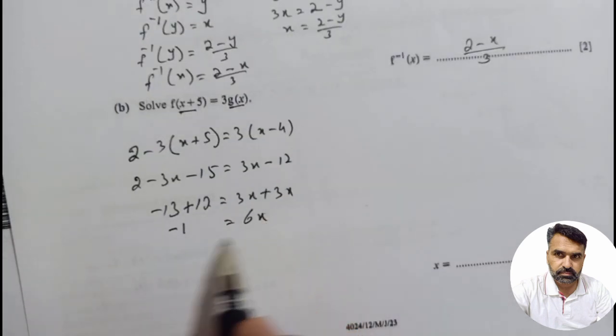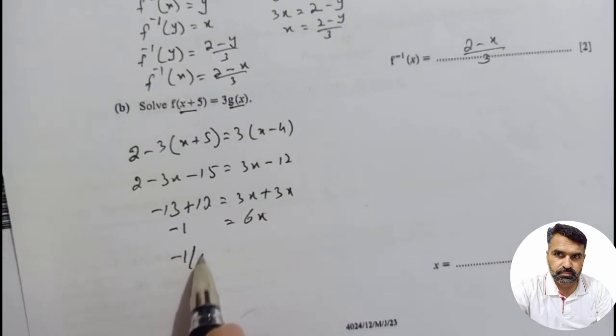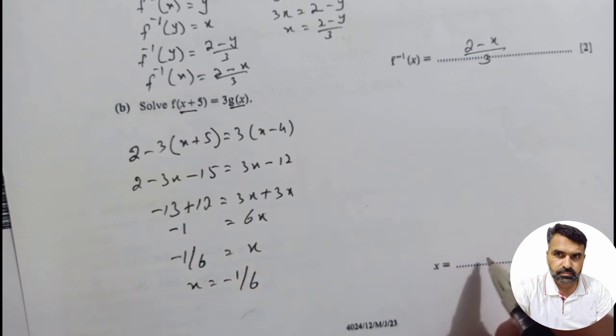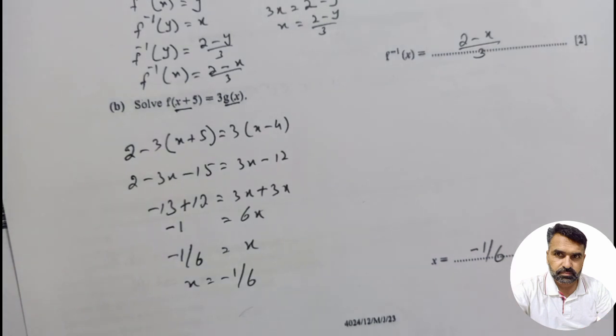And 6 is multiplying with x, so when we transfer it to the other side it will divide, so x is minus 1 over 6. So the value of x is minus 1 over 6.